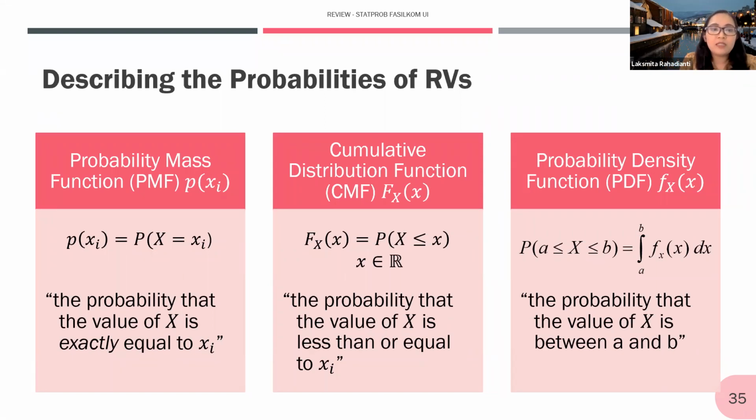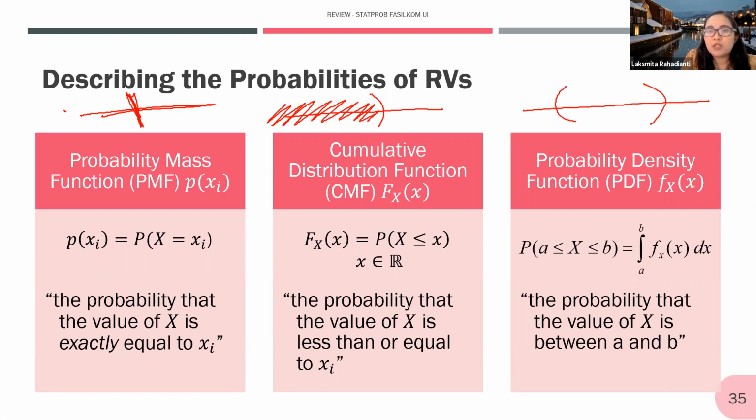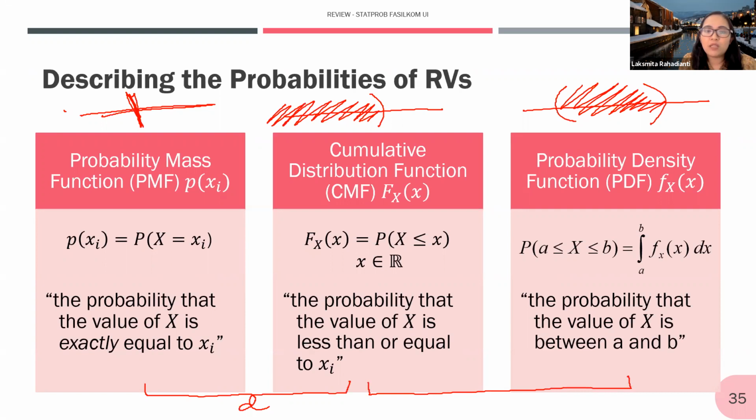So first I can use the probability mass function that will give me the probability of my random variable being a certain value, the cumulative distribution function giving me the probability of it being up to a certain value, and the PDF giving the probability between 2 limits, the upper limit and the bottom limit. The PMF and CDF can be used to compute the discrete random variables, and the CDF and PDF can be used to compute the continuous random variables.